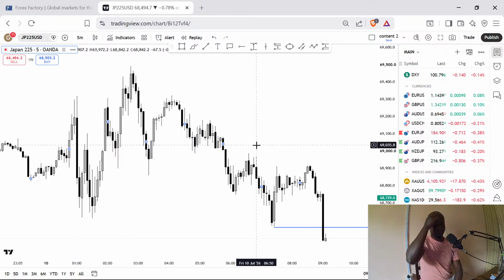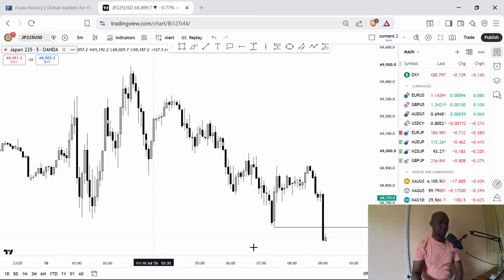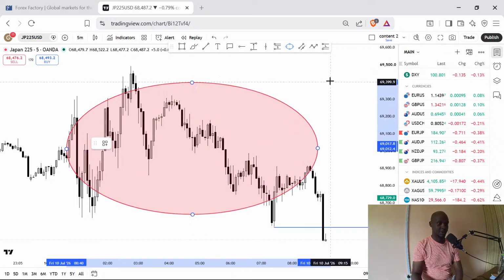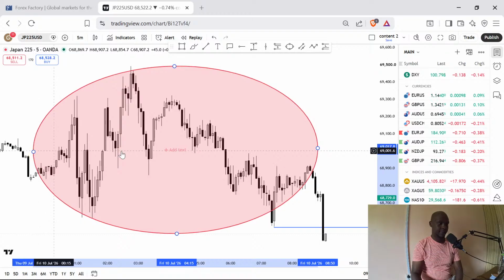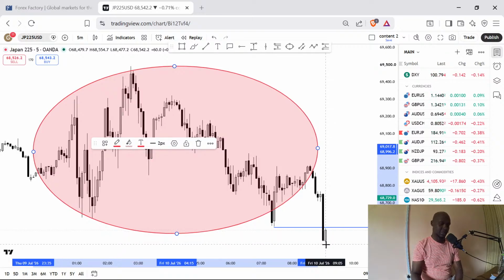Because we are breaking outside of this sort of a consolidation area with this strong candle, I have to wait and see if we can get a confirmation candle. It's always important to wait and get a confirmation candle.